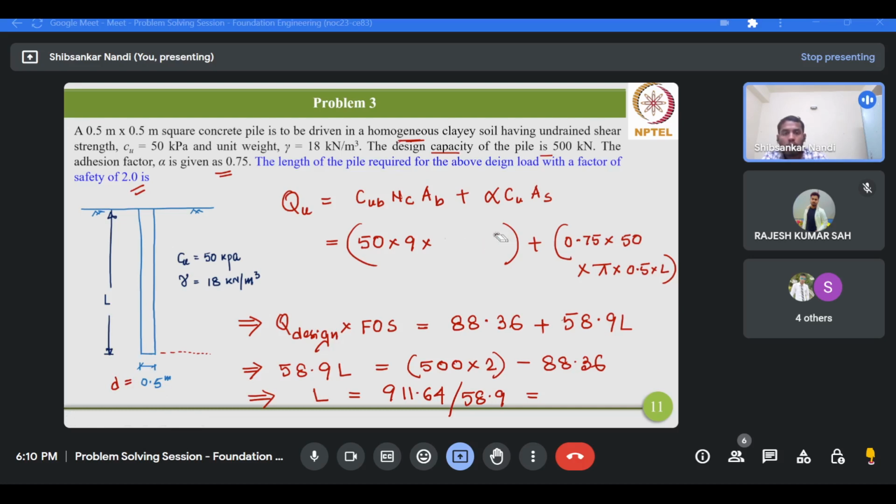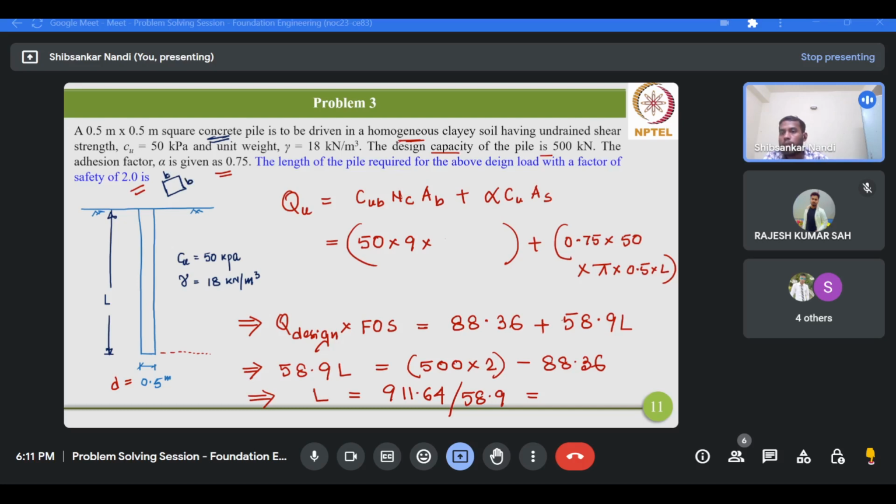The cross-sectional area of the pile is no more circular. In the previous two problems, we considered piles of circular cross-sectional area. However, for the present problem, this is a square concrete pile. So the cross-section is something like this, 0.5 meter by 0.5 meter.